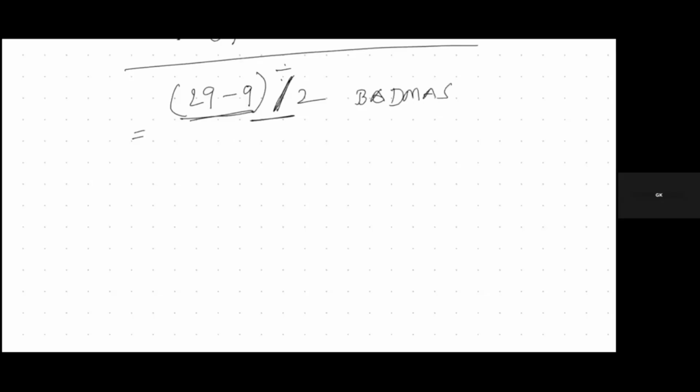Within the bracket also we have to see which is the first operation that we have to carry out. The first and the only activity is the subtraction. So the value of this will be 29 minus 9, that is 20, divided by 2.